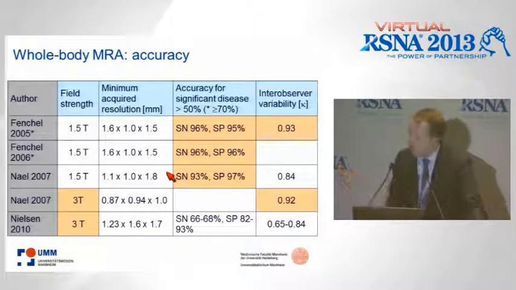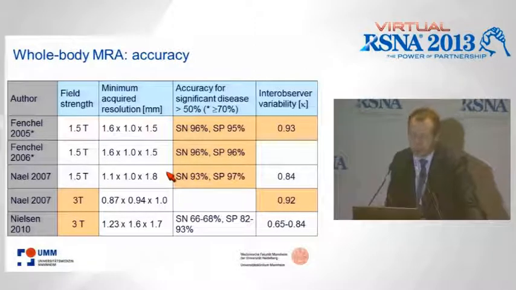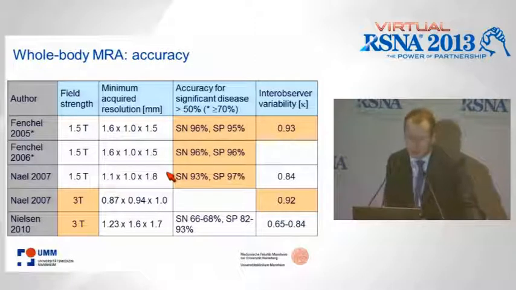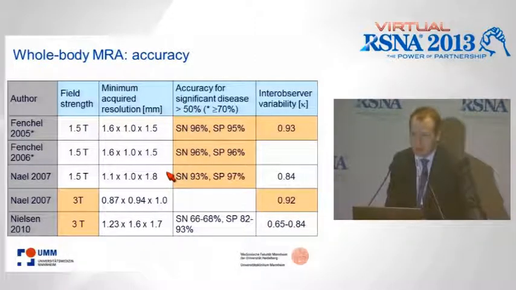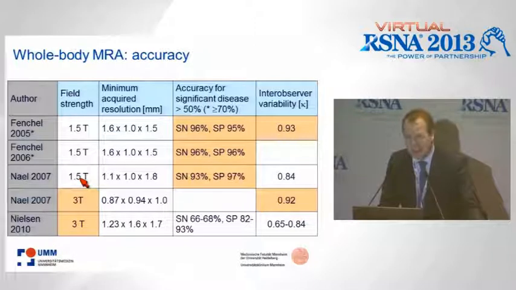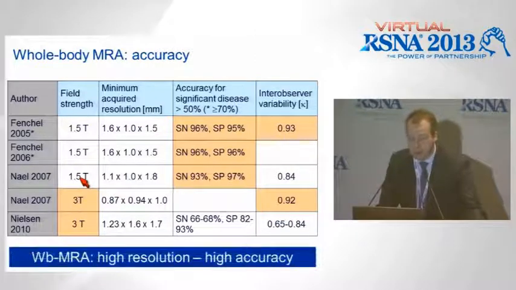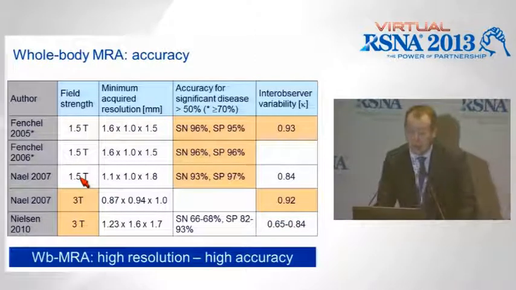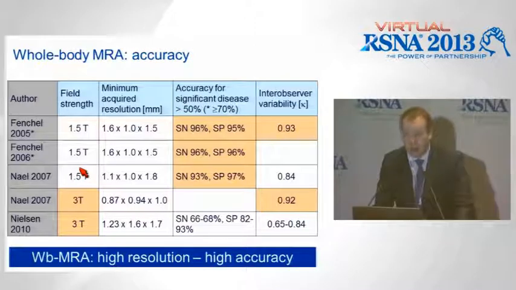It has been shown that particularly if you go to 3 Tesla and have an isotropic resolution of about 1 millimeter in the entire field, you have a high inter-observer accuracy and very high sensitivity and specificity. This is now implemented on most systems, and 3 Tesla is beneficial because you save contrast. So the message is high resolution turns into high accuracy, and I think this is something we can take for granted.